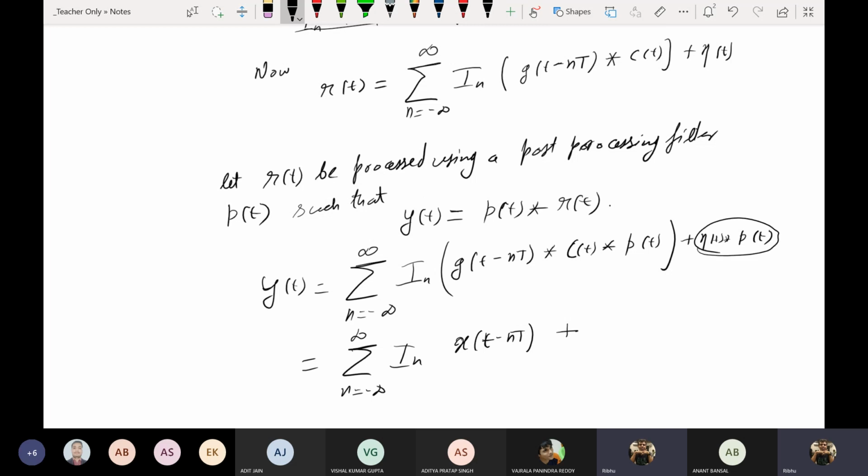Let's call this beast x(t). This is fine, guys.